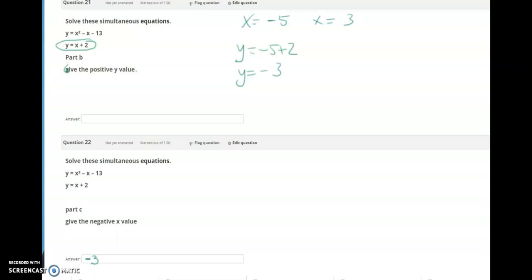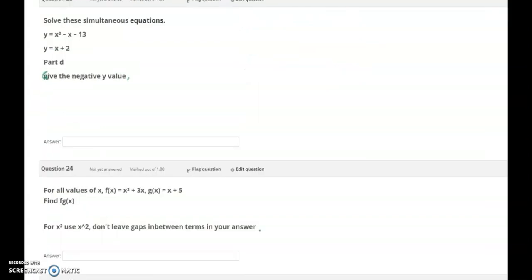And when x is equal to 5, y is equal to 5 plus 2, which is 7. So give the positive y value. The positive y value is 7. And there is a follow-up question which is going to ask for the negative value of y. So we'll add minus 1 in this question, which is about the negative y value.